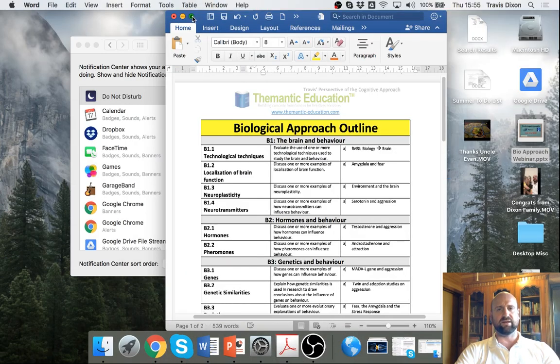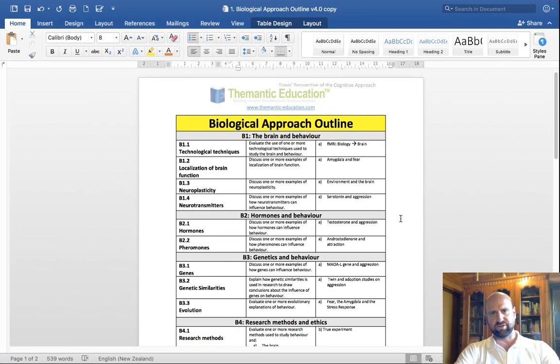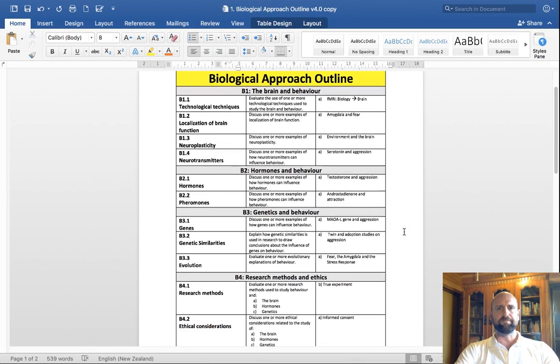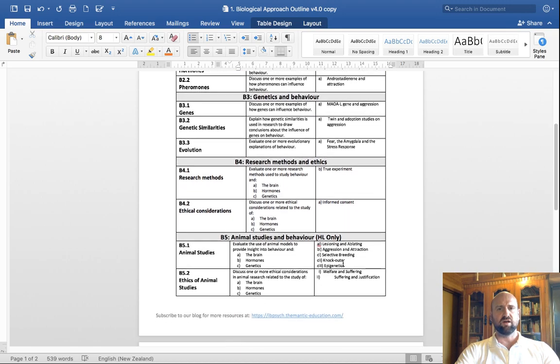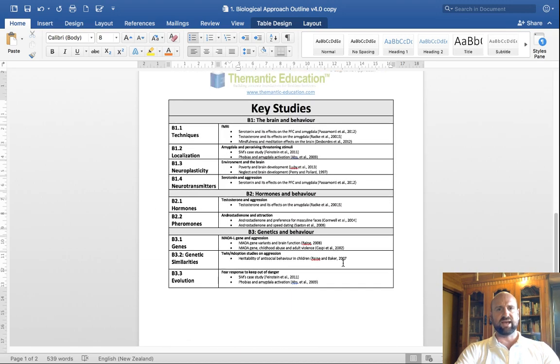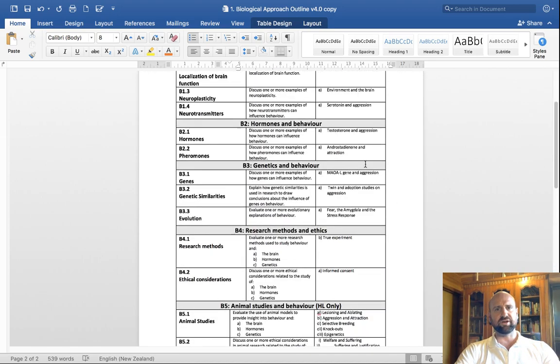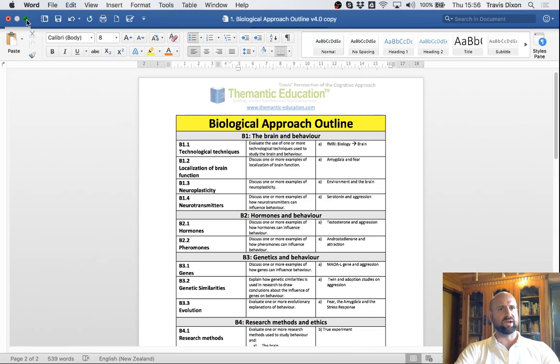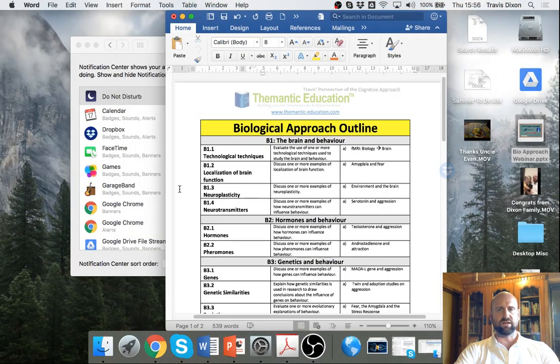This is just a very rough first draft, but for all the topics, there's a learning outcome, and then it has the example for students. This will be at the very beginning of the chapter for the biological approach, and also a quick summary of the key studies that students need to use. Everything here is broken down in the revision textbook, which will be coming out October, November 20, what year are we? 2018? Yeah.